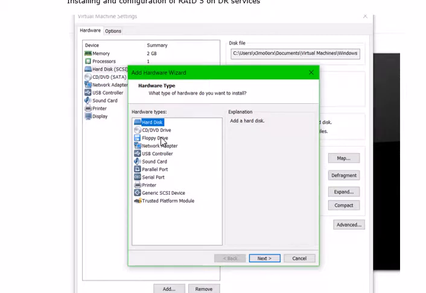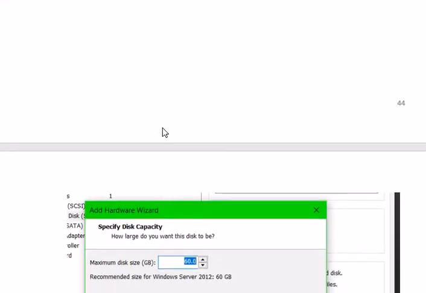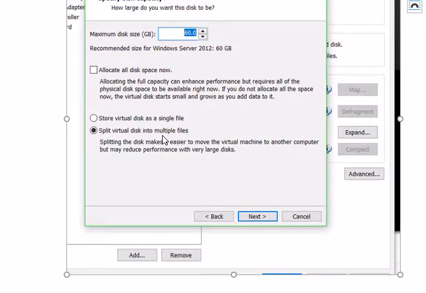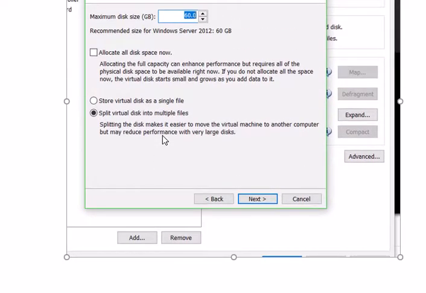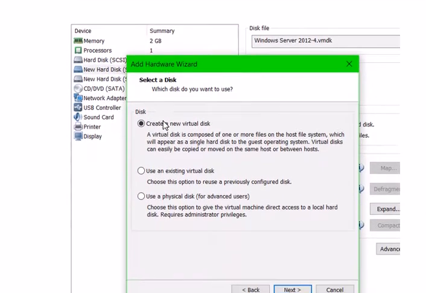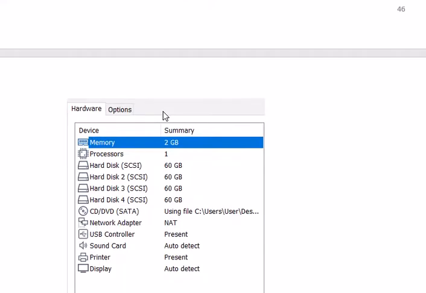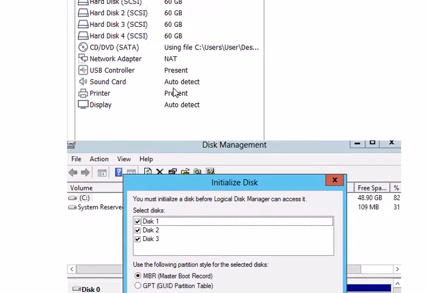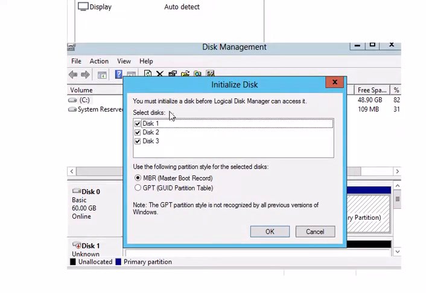Here we added hardware, a hard disk. We set up the GB size; the maximum size was 60 GB. We created the virtual disk, and the memory was 2 GB. And here we added 3 disks.